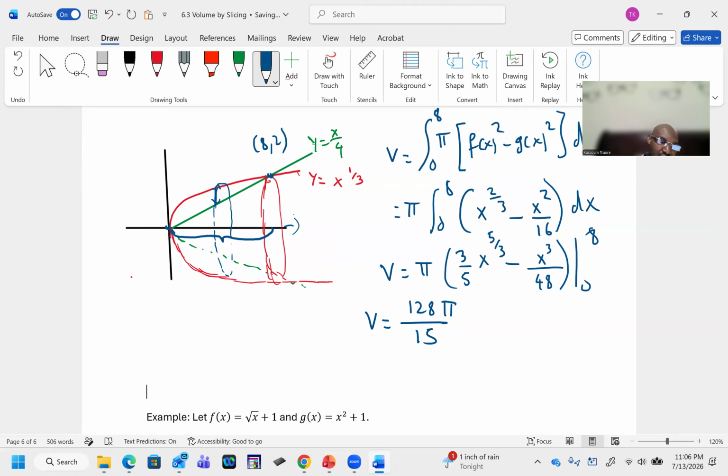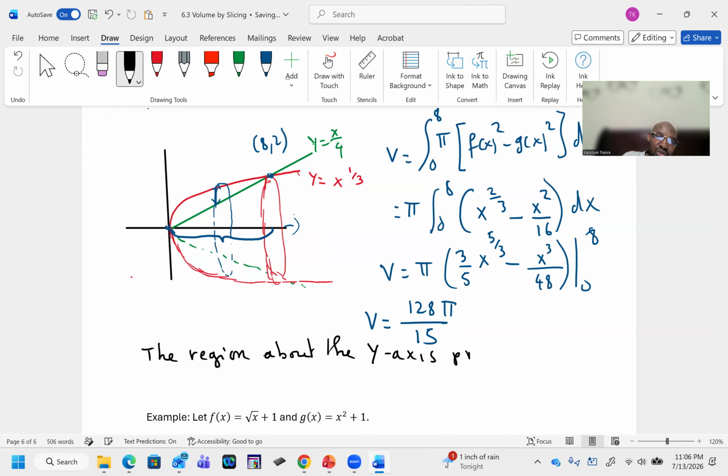In this case we will conclude that the region revolved about the y-axis produces the solid with greater volume.